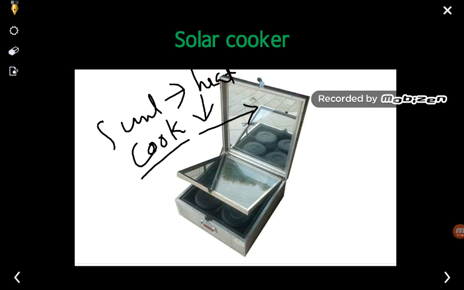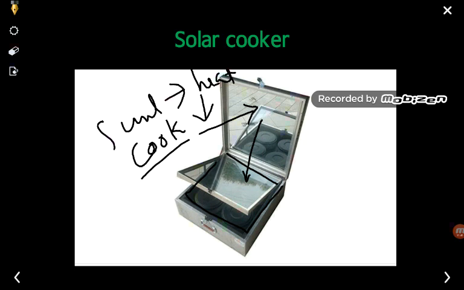When the light of the solar energy falls, it gets diverted inside the cooker, and the inner side of the cooker is painted black so that the maximum amount of heat energy can be generated. The temperature normally ranges from 60 to 90 degrees, and when it reaches up to 90 degrees, the cooking process normally works.